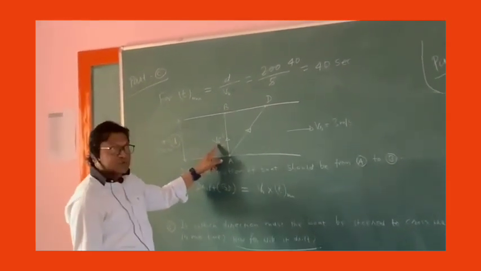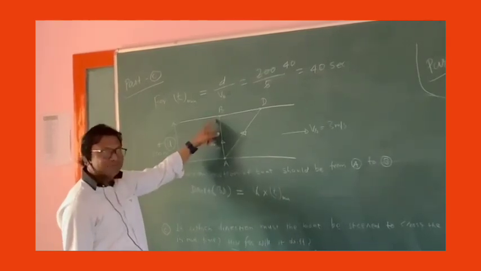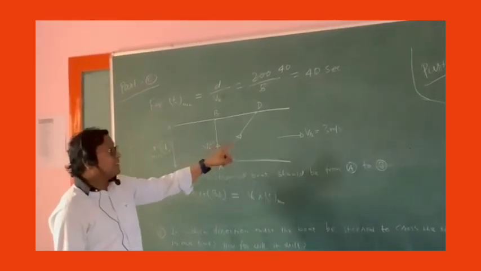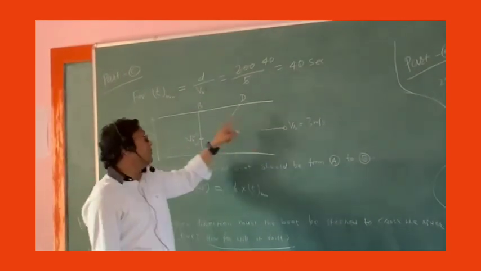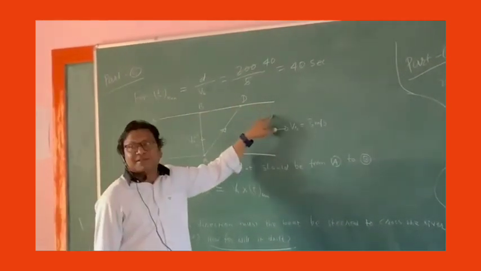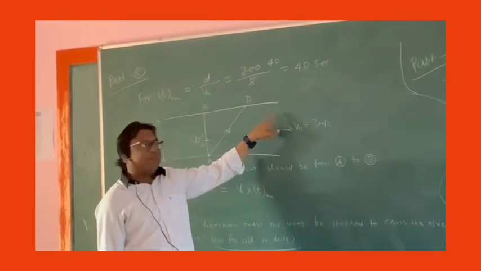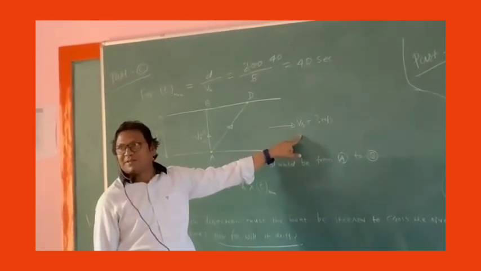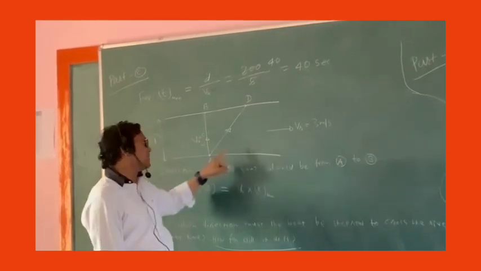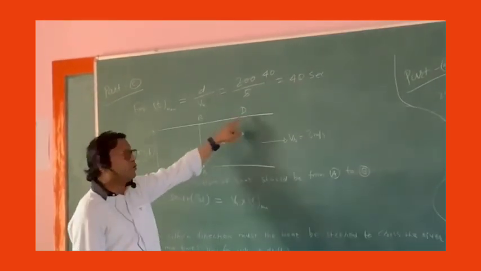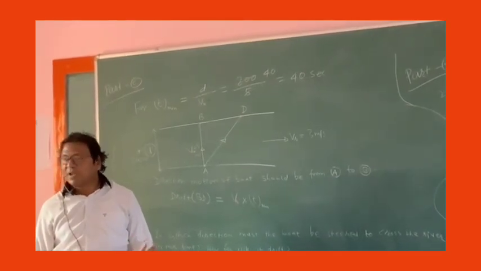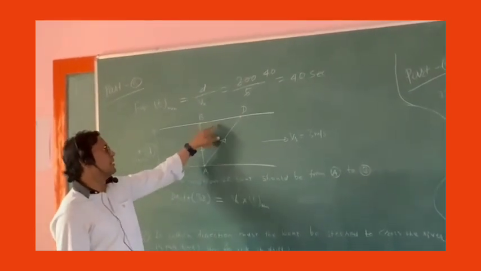This velocity is responsible to travel A to B. Velocity of boat. And this velocity is responsible to travel the boat from B to D. And the vector sum of both velocities, this one and this one, is responsible to travel the boat from A to D. Is it okay? This is basically a resultant of this one and this one.